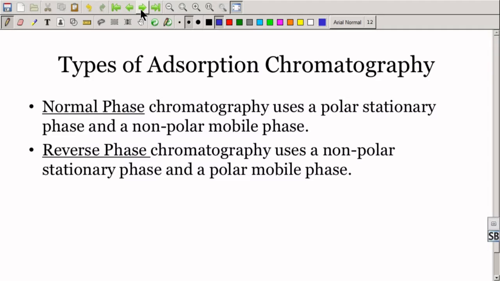The most common stationary phase used for normal phase chromatography is silica gel, or silicon dioxide. It's very polar, and you use a mobile phase that tends to be fairly nonpolar, because as you increase the polarity of your mobile phase, the compounds you're trying to separate tend not to stick to the stationary phase very well.